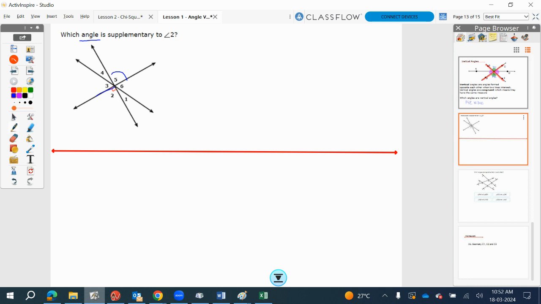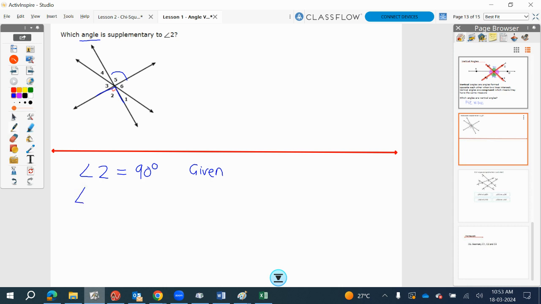This angle is 90 degrees, given. Why is that also 90? Well, how do we know that? We can say that angle 2 equals 90. This is given.